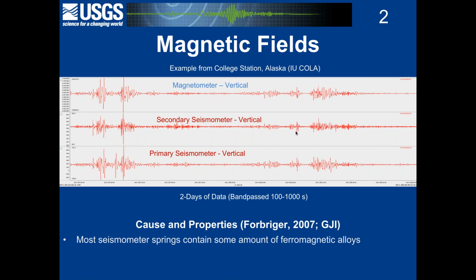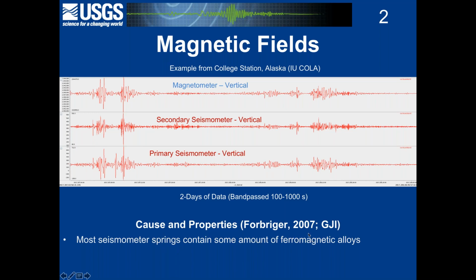Well, when manufacturers make seismometers, they're trying to make the springs in the seismometers thermally stable. So the expansion coefficient of the springs is very minimal, so that the springs don't expand or contract with changes in temperature. And the alloys they use to have this thermal property almost necessitate that they use ferromagnetic alloys.